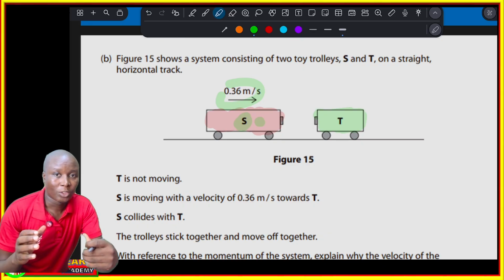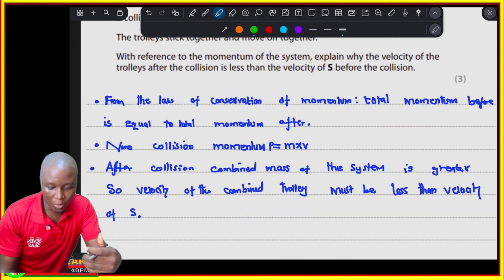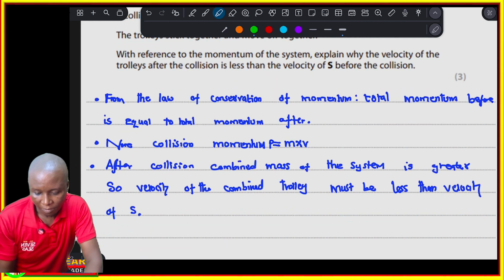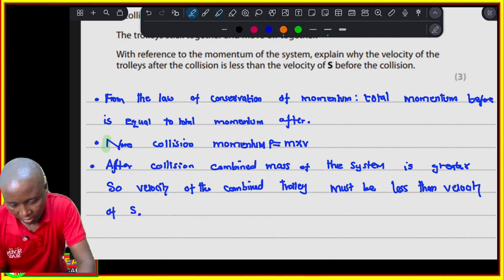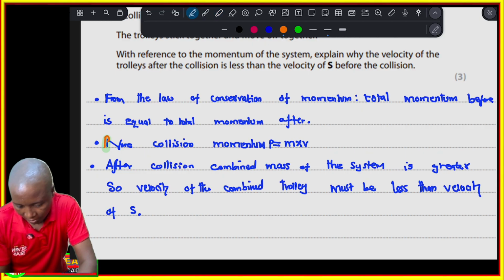which means that we are going to say, before collision, I need to write this properly so that you can be able to see what I meant. Before collision, momentum is equal to what?